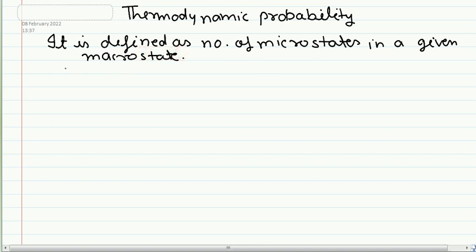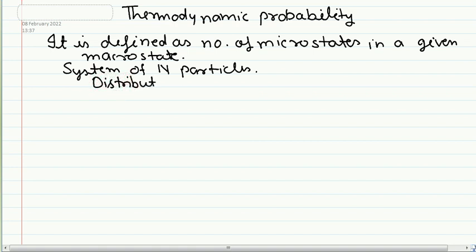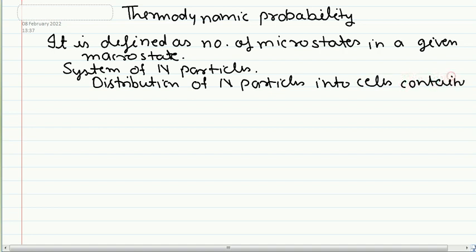Suppose we have a system of N particles, and we want to distribute these N particles into cells containing n1, n2, n3, n4 particles.